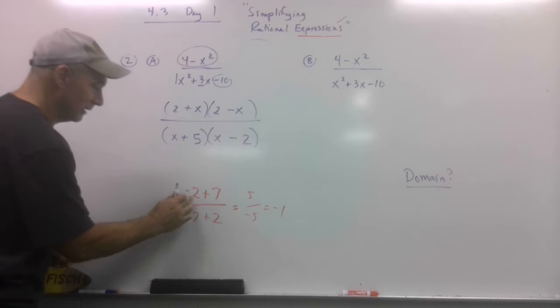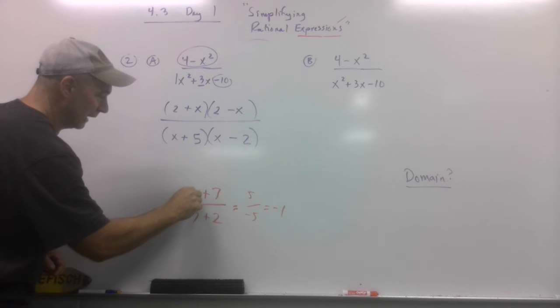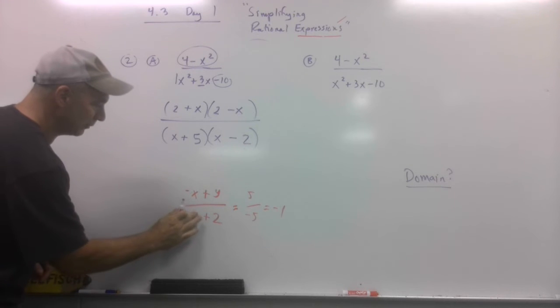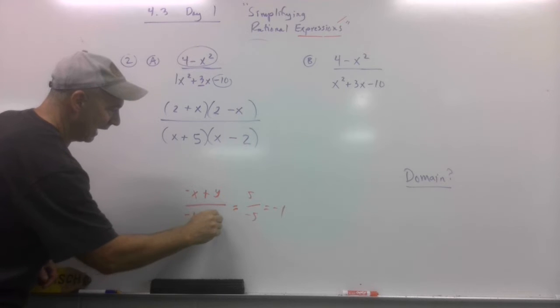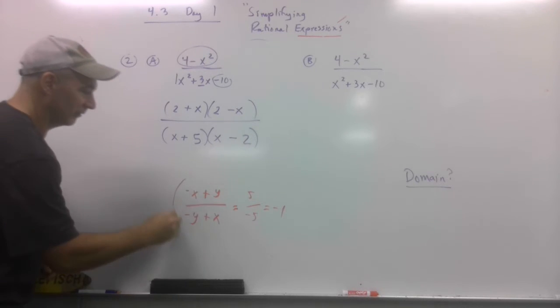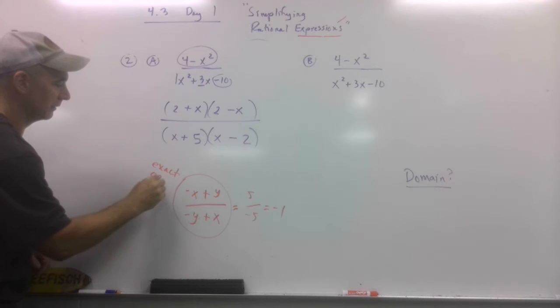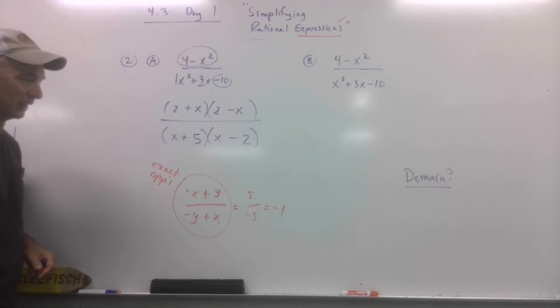Now watch this. I'm going to take this out, make an X. Take this out, make a Y. That would make this a Y, and that would make this the X. These are what I call exact opposites. Okay?